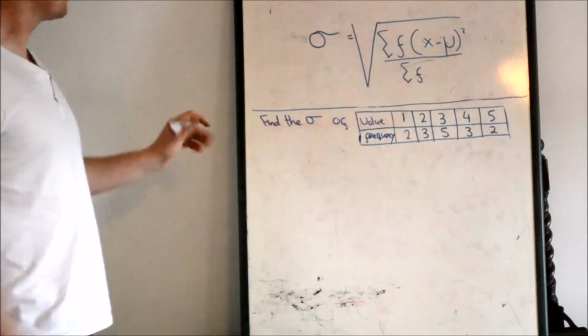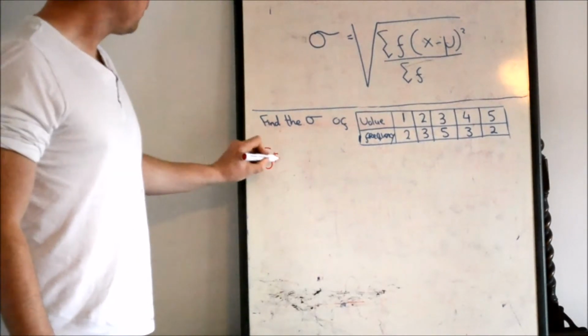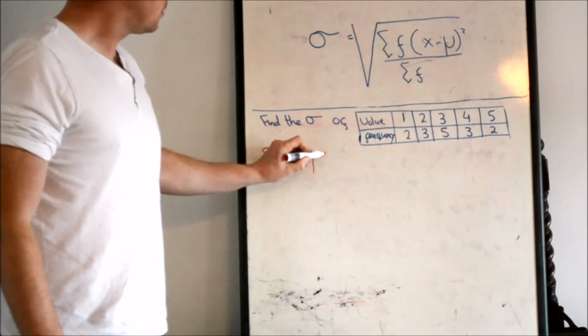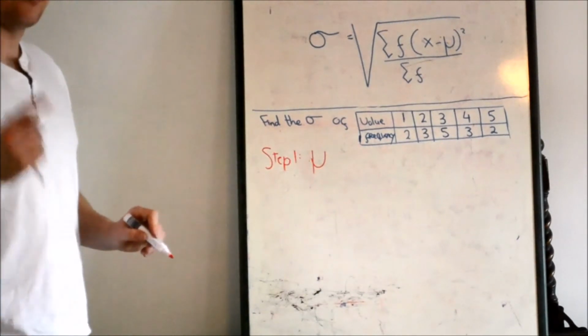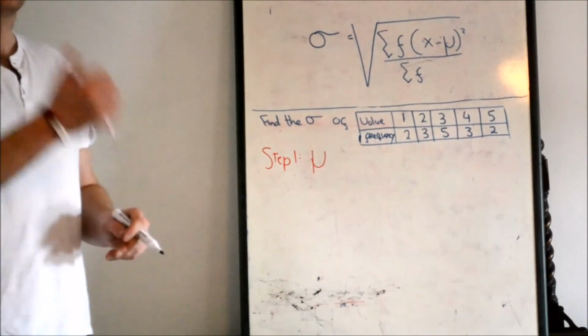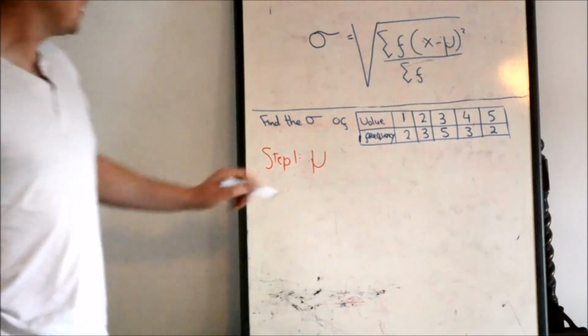In all of these, our step 1, just like the last one, is get our mean. Okay? Very first step, always get our mean. How do we do it? We did it the last time. Shouldn't be any problem to you.